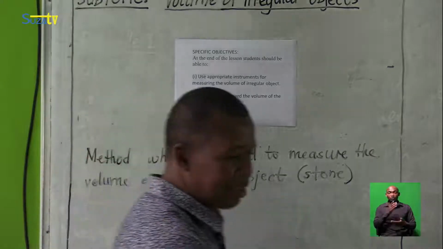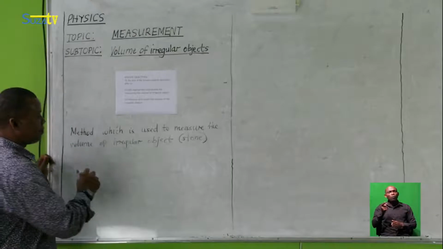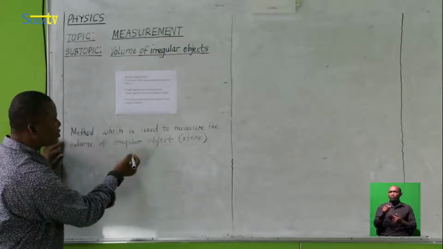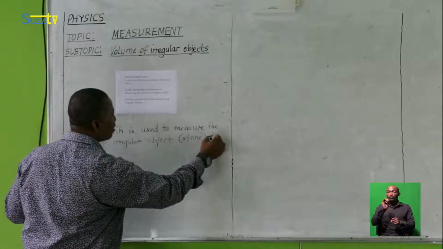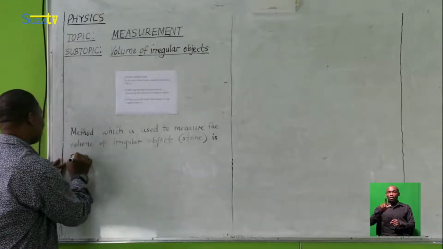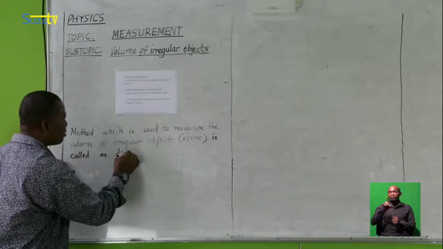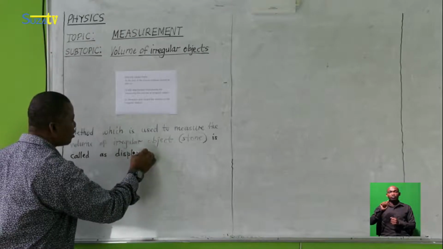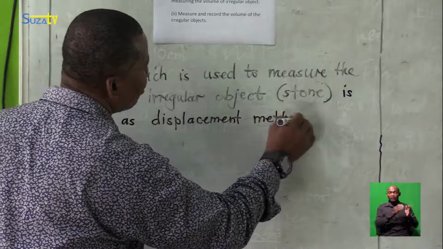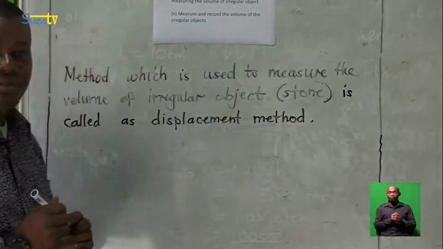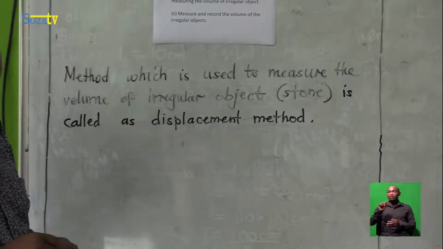And that's why it's called an irregular object. So the method which is used to measure the volume of the irregular object is called the displacement method. Now all of you say displacement method. Okay, this is the displacement method.